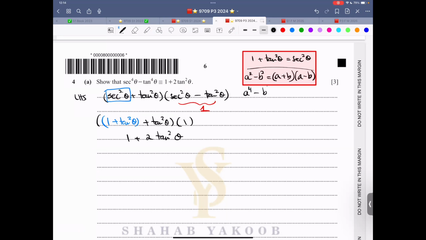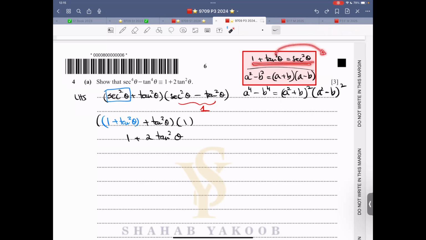Similarly, a power 4 minus b power 4 is a square plus b square, a square minus b square. So sec power 4 theta minus tan power 4 theta, s4 minus t4, is s square plus t square, s square minus t square. Now, this is the only identity that I have.